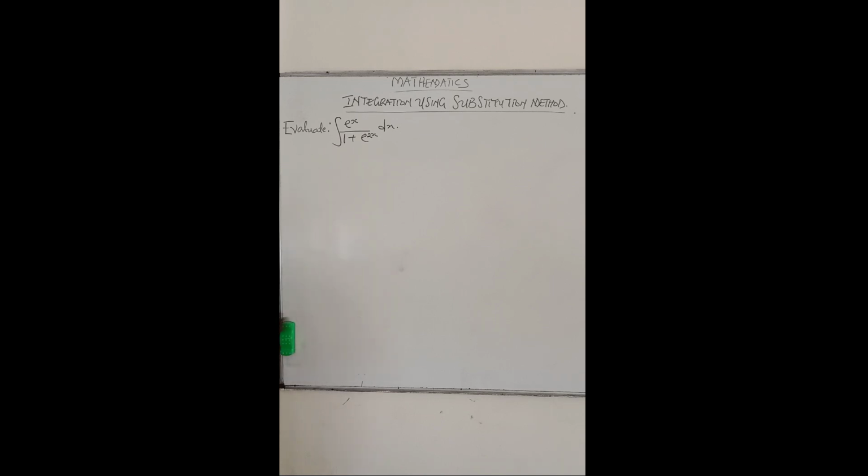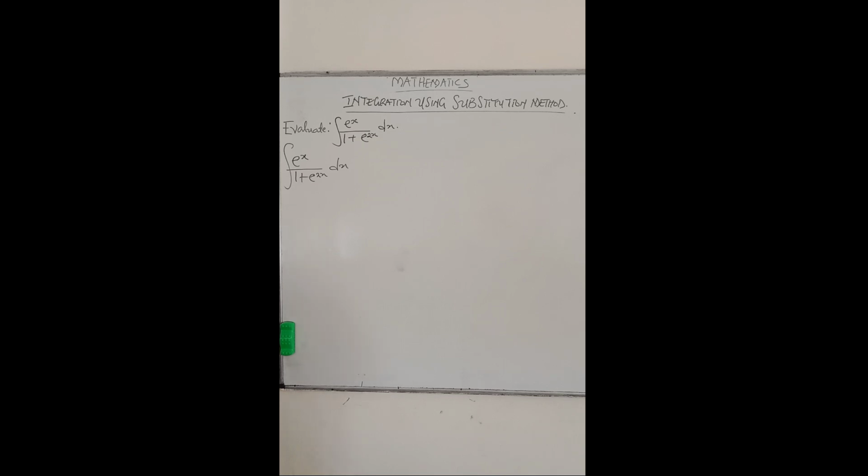So now let's go back to this example. y is the integral of exponential x over 1 plus exponential 2x dx. Please, I want to make dx the subject of formula.